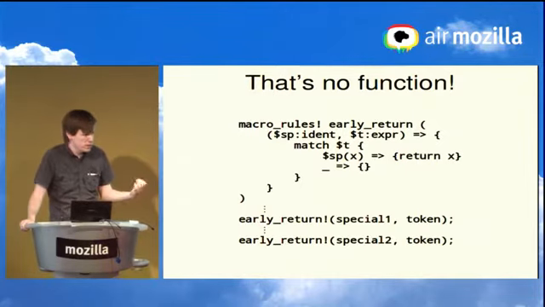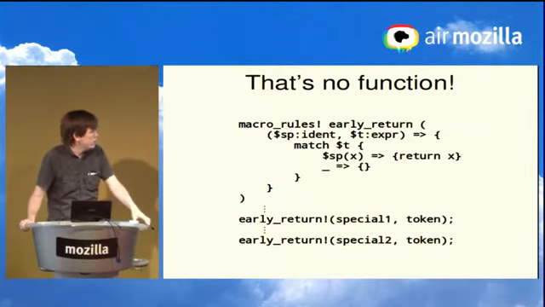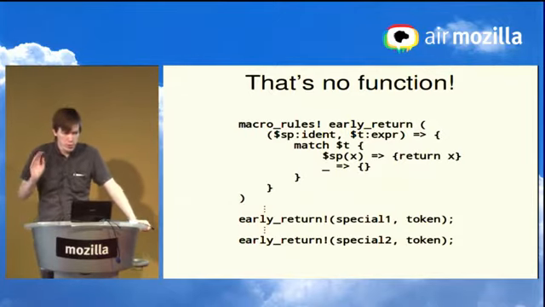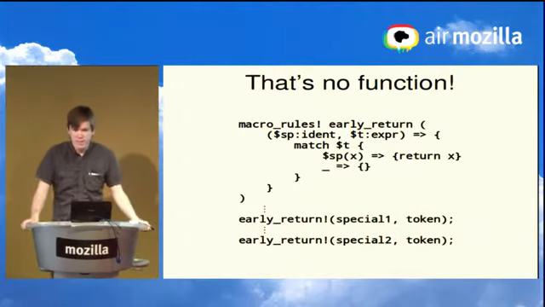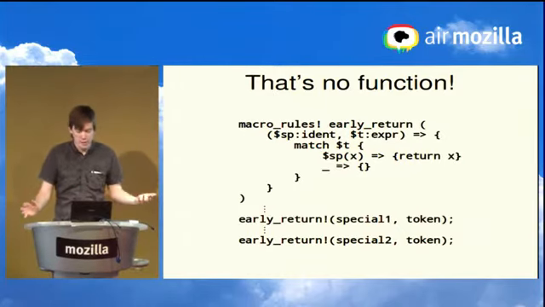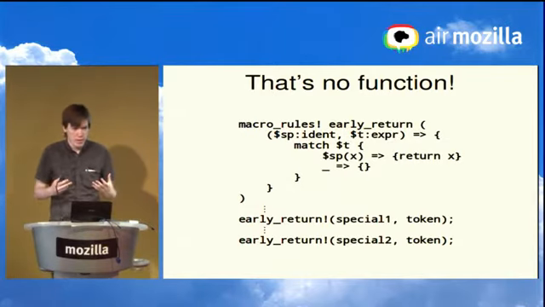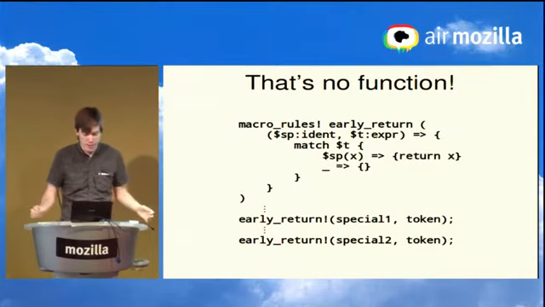It takes an SP, which is an ident, and a T, which is an expr, and then produces the code that you see on the right-hand side, dropping T and SP into their appropriate places. And this works because although SP at runtime doesn't have any sort of existence, at compile time, it's certainly an identifier, and macros happen at compile time. So it's possible to do an abstraction over these compile time bits of syntax.